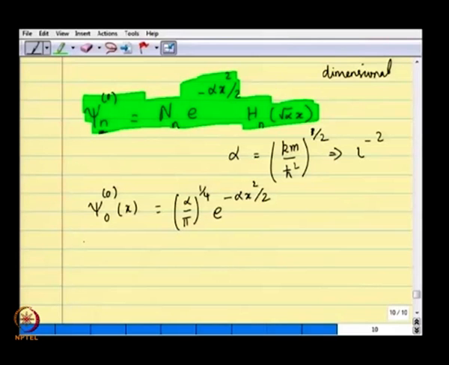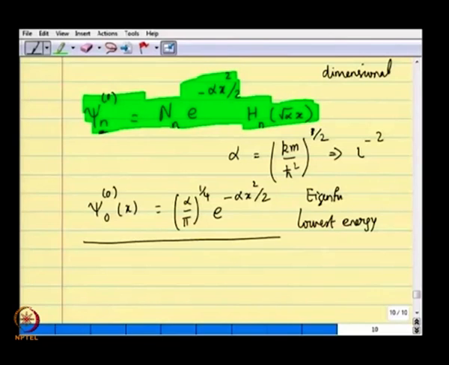Okay. This is the eigenfunction for the lowest energy state. Okay.